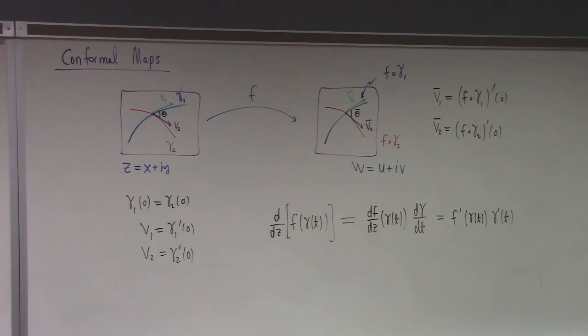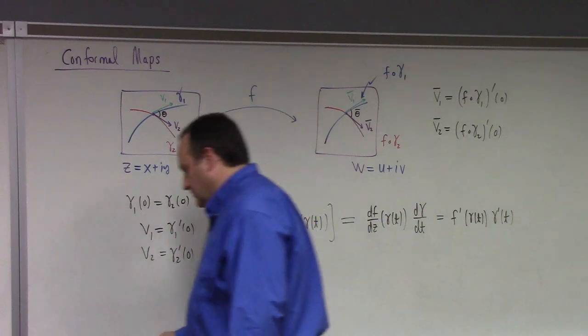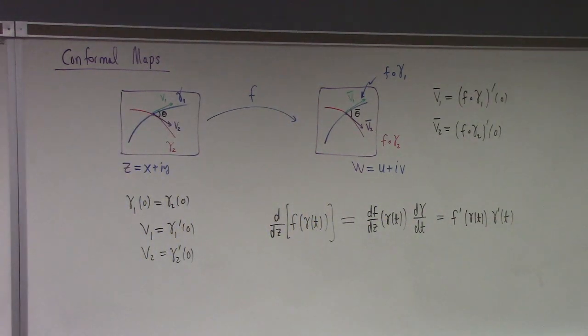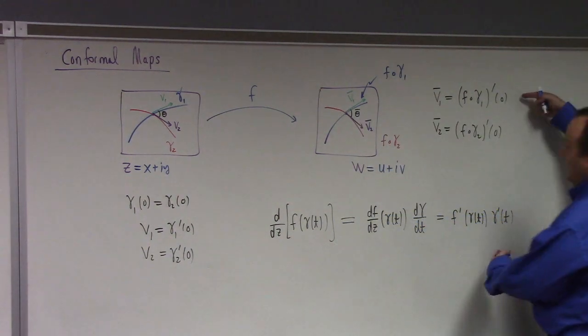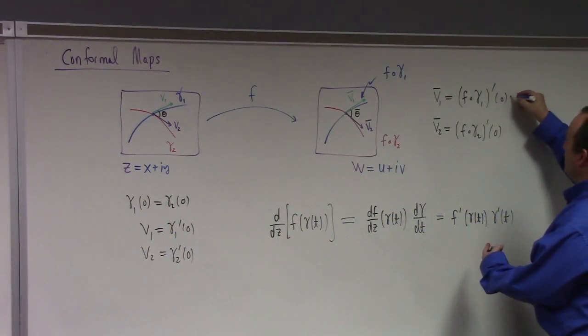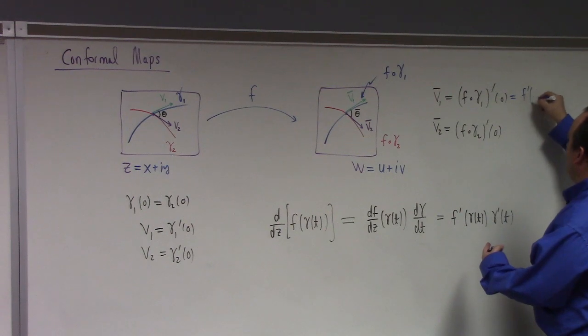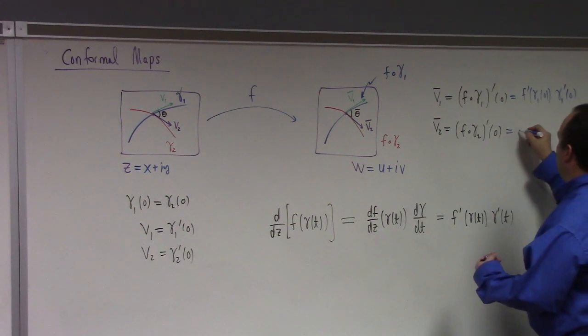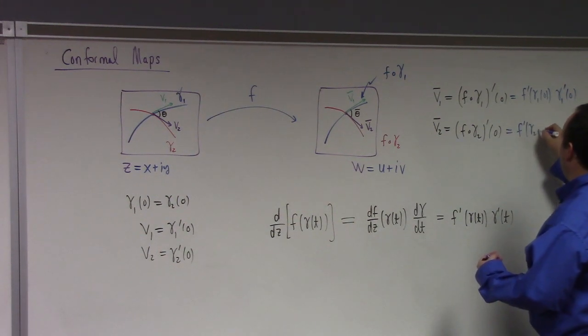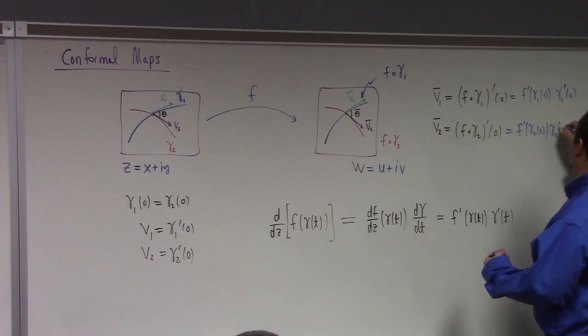So what happens when you look at t equals 0? If we look at t equals 0, just use the chain rule up here, right? This is equal to f prime of gamma 1 of 0 times gamma 1 prime of 0. And this is equal to f prime of gamma 2 of 0 times gamma 2 prime of 0.